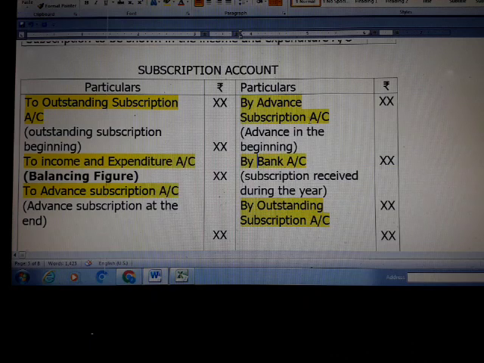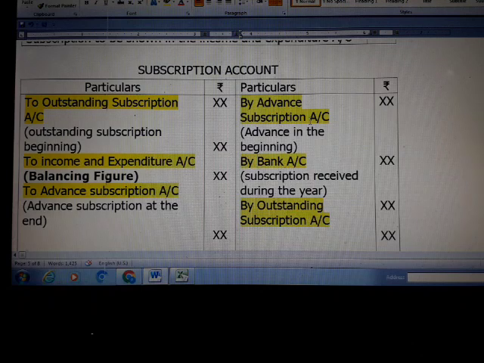Or in simple terms, those items which we have to add along with the total subscription amount received will be taken to our credit side, and those items which we use to subtract from the total subscription will be taken to the debit side.